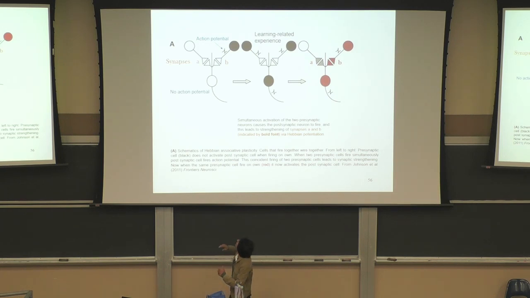Basically, if you have this output cell at the bottom, and before the learning related experience, the synapse from cell B is weak, so when cell B fires an action potential, the output cell does not fire an action potential. Because the synapse is weak, it's not enough to activate the output cell.